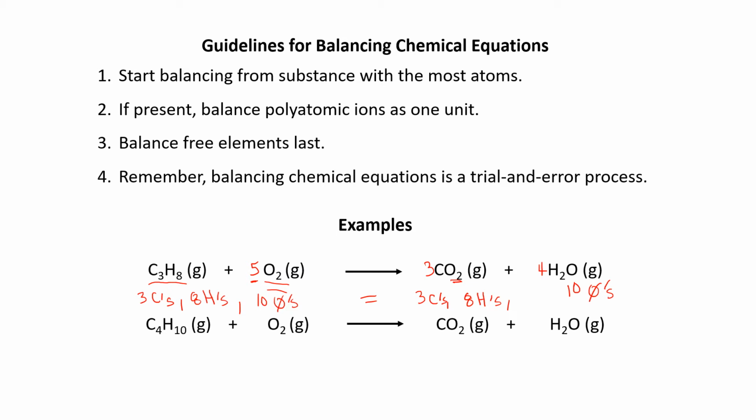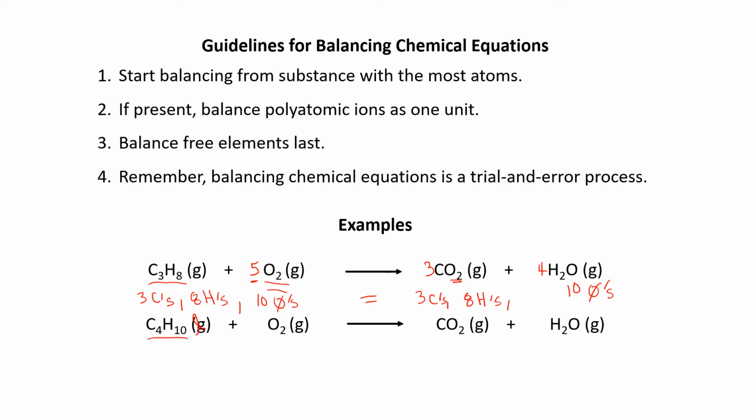All right. Let's look at this other equation here. This is butane, which is typically found in cigarette lighters. They use butane. It is a liquid, not a gas. All right, so we'll start with the one that has the most atoms, and that's butane.